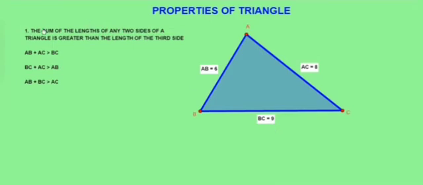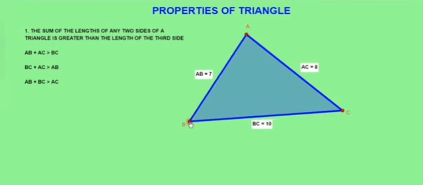Then we can say the sum of the length of any two sides of a triangle is greater than the length of the third side. Okay. When I move this angle down, now look at here. What is BC? Second one, BC. BC is 10 plus AC.